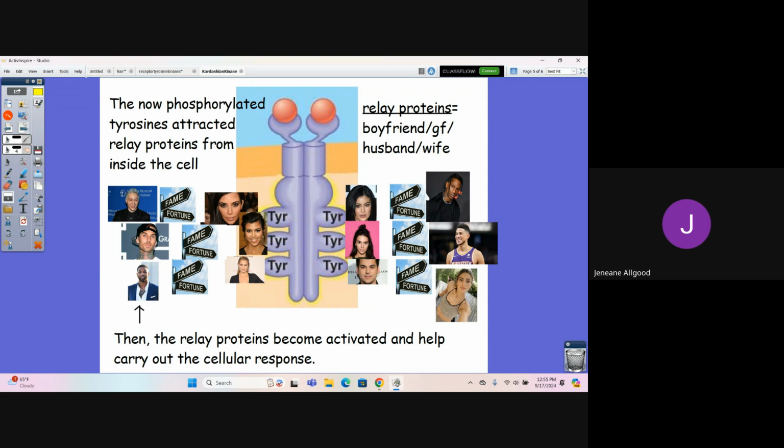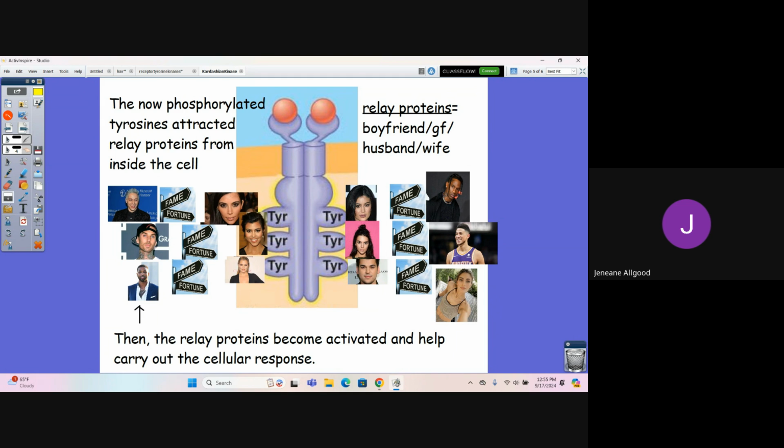And now through association, Pete Davidson was famous kind of in his own right, but definitely got him up a level when he started dating her. So by being associated with them, that is going to activate these relay proteins, and then they are now famous and have fame and fortune and can go off and do their own thing.